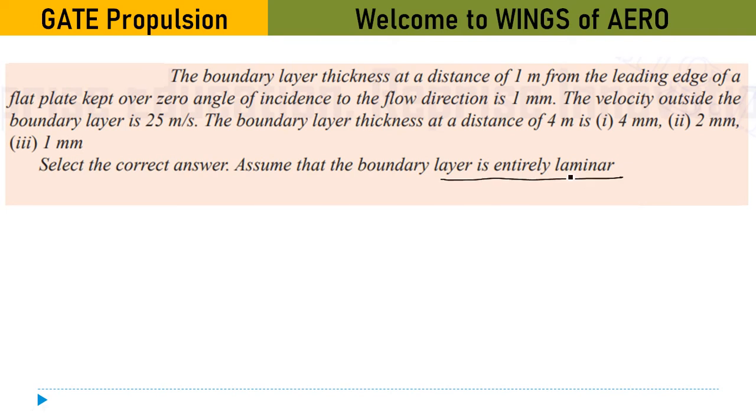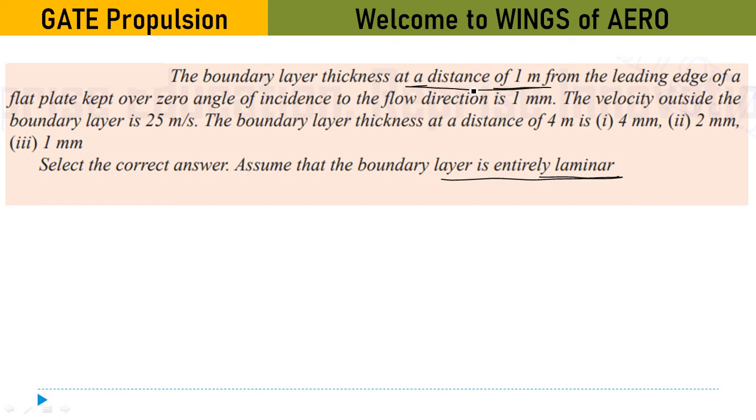At 1 meter from the leading edge, when x is 1 meter, the boundary layer thickness is 1 mm. Next, the velocity outside, that is the free stream velocity, either you take u infinity or v infinity, is given as 25.